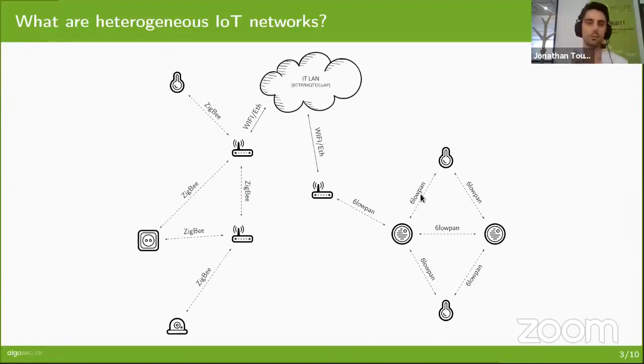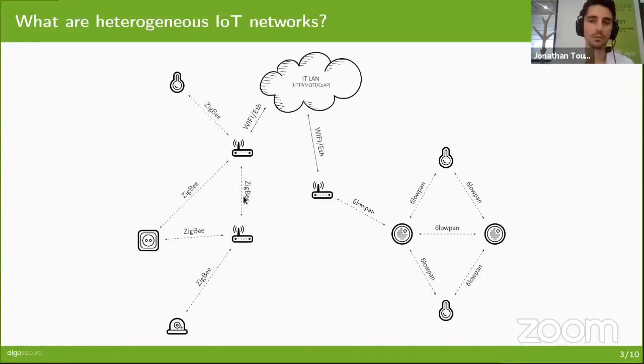But the thing I really want to do is to be able to connect some devices from the ZigBee network to some devices on the 6LoWPAN network. In the current state, none of the devices are able to communicate with other protocols, but two devices are multi-protocol enabled, two routers.